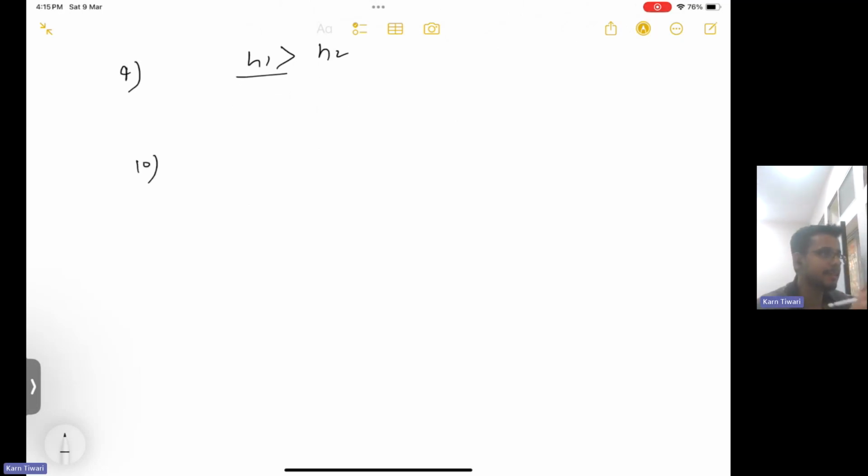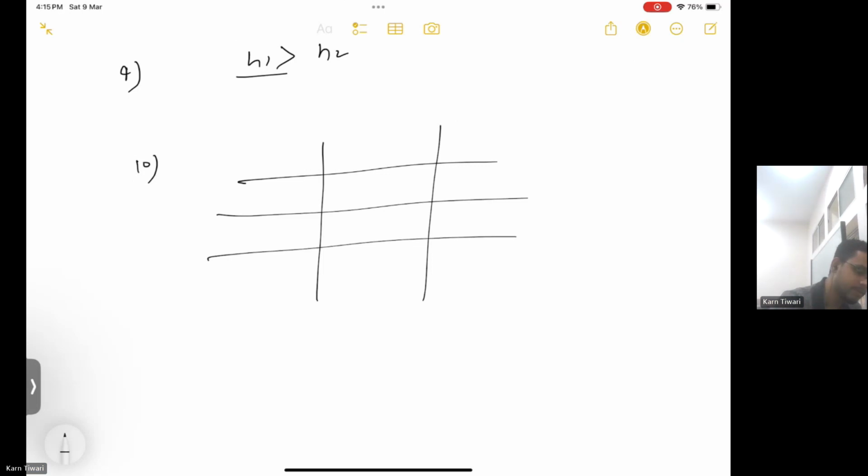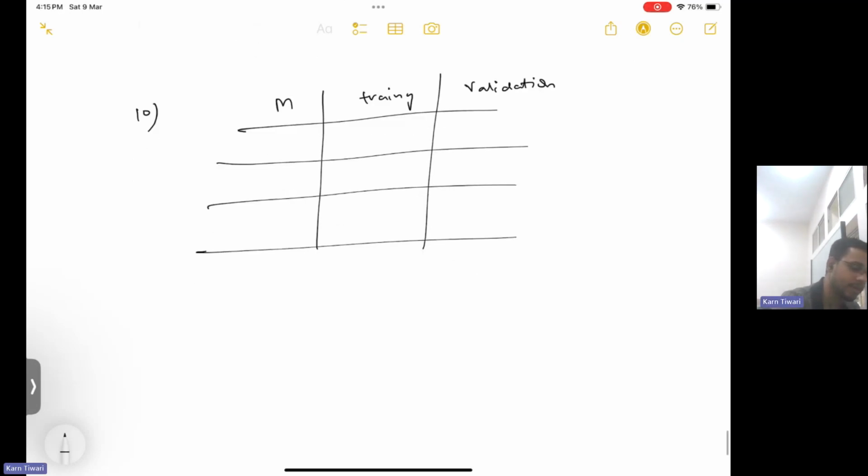Now coming to the 10th question. We have trained 4 models on the same data set with different hyperparameters. The training and validation loss of each model is given. For models 1, 2, 3, 4, the training error is 0.3, 0.9, 0.5, 1.9, and the validation error is 1.7, 1.1, 0.7, 2.3.